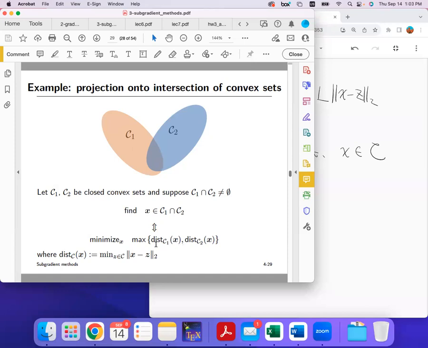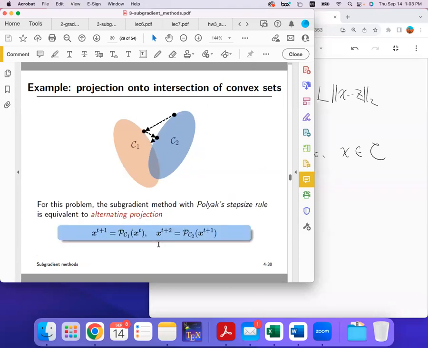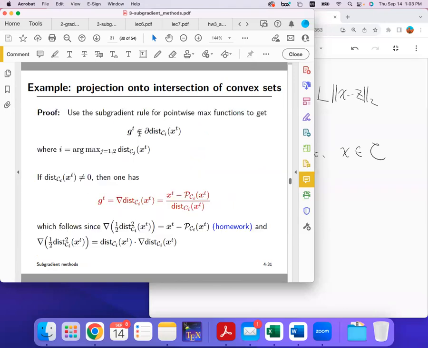And moreover, since it is in a pointwise maximum form, we can apply the subdifferential rule to calculate the subdifferential of this function. That rule simply says the subdifferential is basically the subdifferential of the activated function.